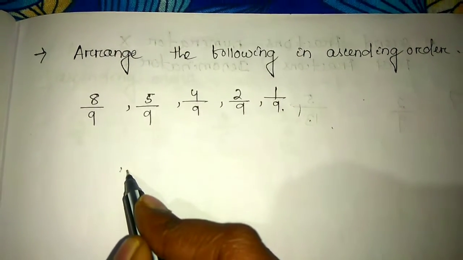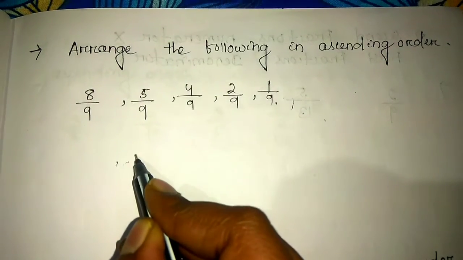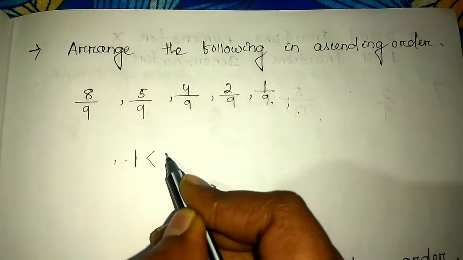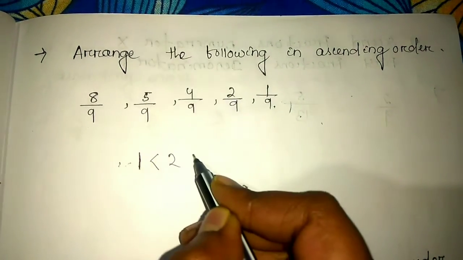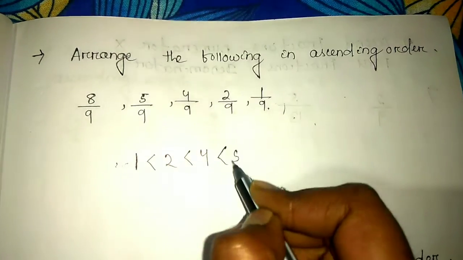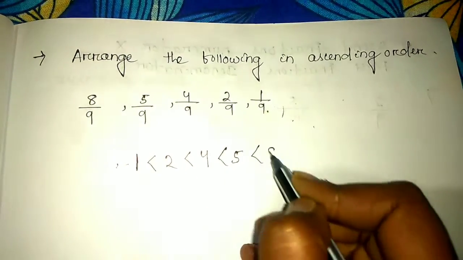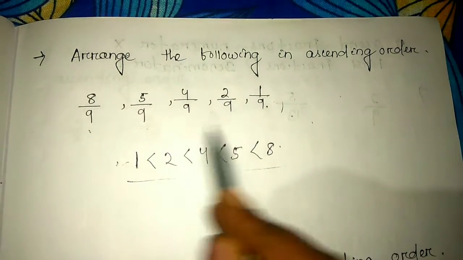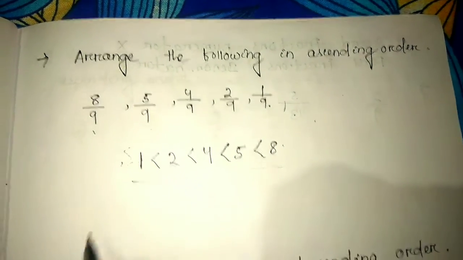So you have to first compare the numerators. Here 1 is less than 2, 2 is less than 4, then 4 is less than 5, then 5 is less than 8. Similarly, we have to arrange these fractions in order of this.